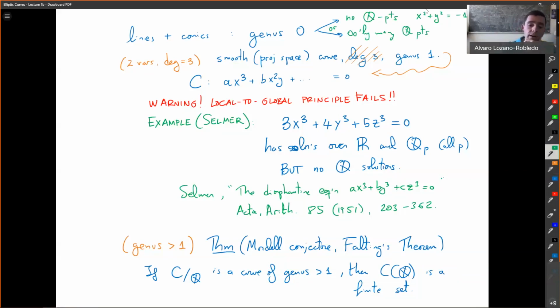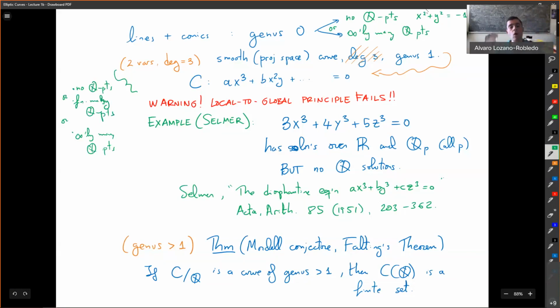But on elliptic curves, you have all the flavors. On a genus 1 curve, you can have no Q points, you can have finitely many Q points, or you can have infinitely many Q points.